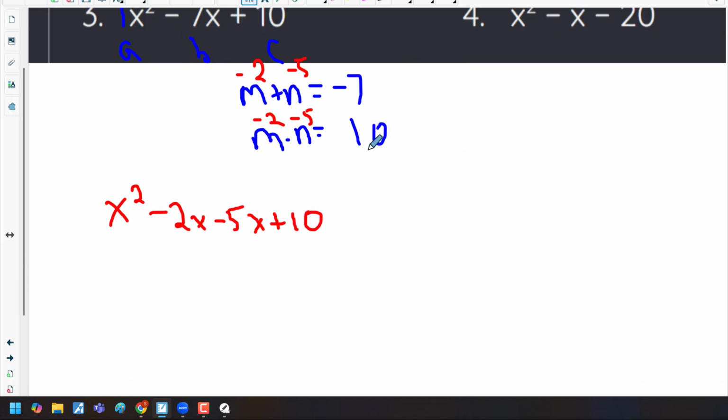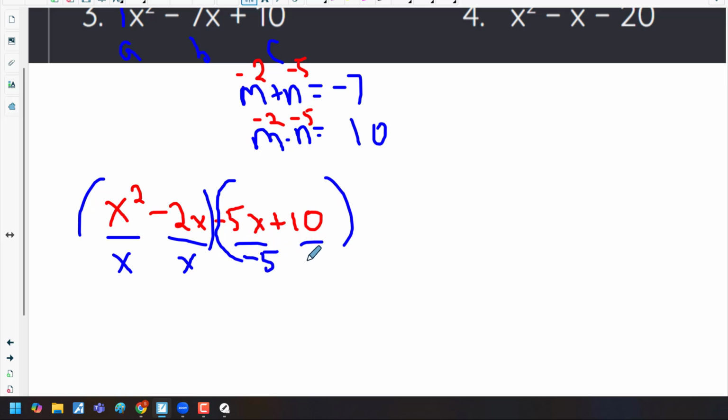And once again, we are dividing the first two terms and then dividing the last two terms. First two terms are divided by x and any common number factor, but there is nothing. And as for the last two terms, you're not dividing by x, but you're dividing by -5 in this case.